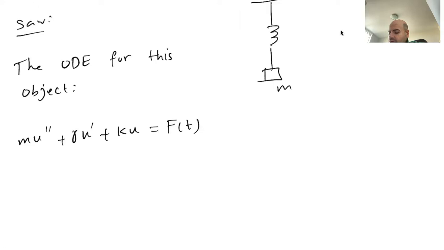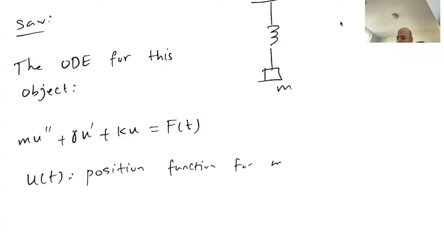And what is u and gamma here? So u of t here is basically the position function for mass m as a function of time, right? t is time here.